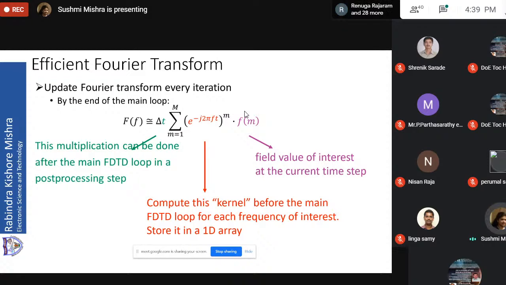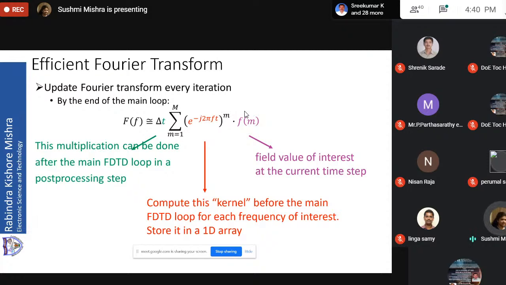Then the last term, fm, these are the field values of interest at the current time. And the middle term is the kernel. This kernel is to be put before the main FDTD loop because there is nothing useful within the loop. Otherwise everything will be repeated.